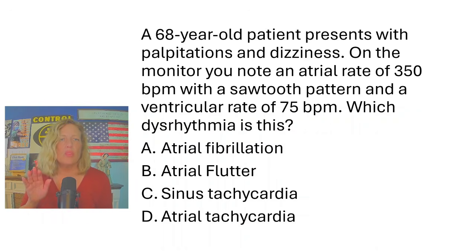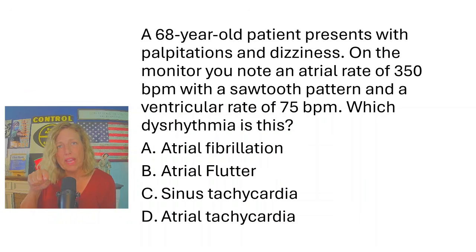So what are the key words here? We have an atrial rate of 350 beats per minute with a sawtooth pattern. So it is not an upright rounded P wave. It looks like a sawtooth, but the ventricular rate seems to be normal. So we have way more P waves than we do QRSs. The ventricular rate is represented by the QRSs.